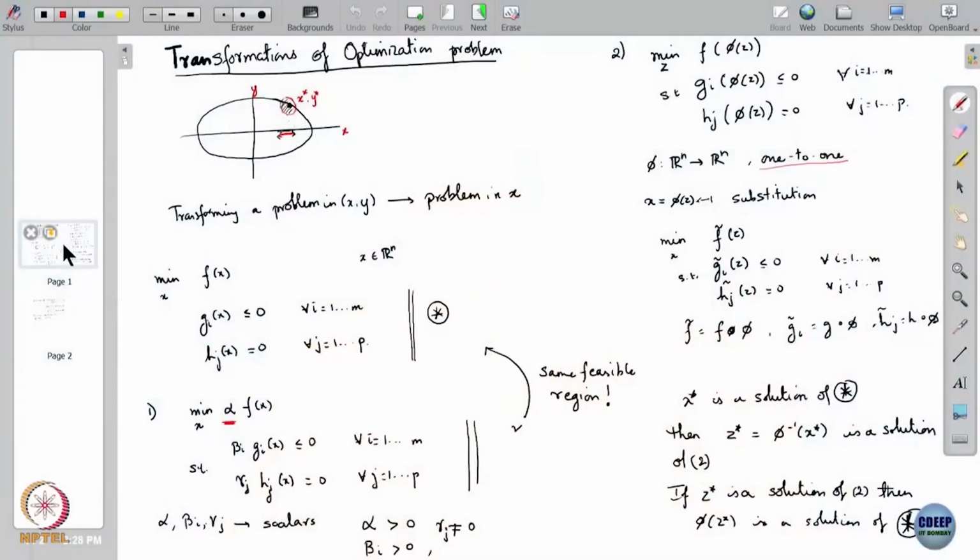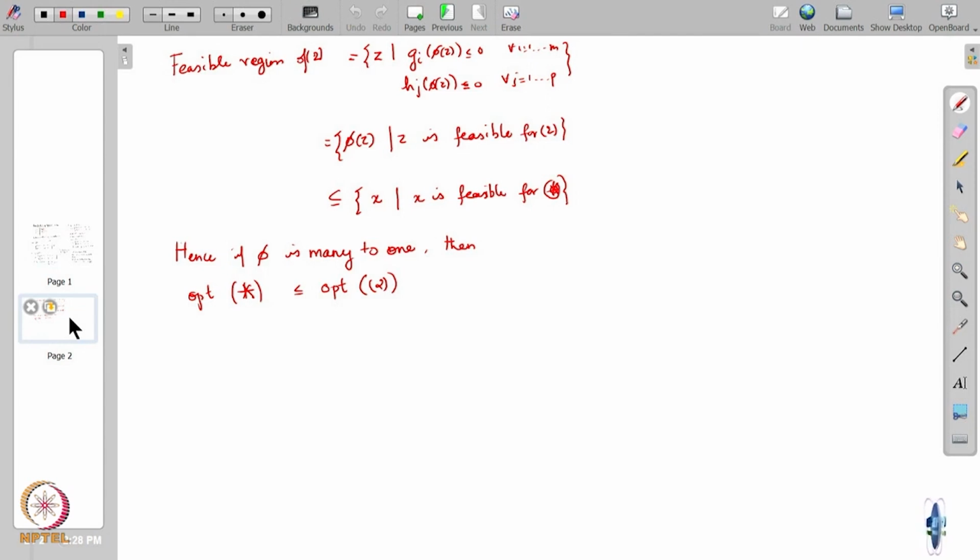Yes, because the optimization problem star is an optimization over all x's that lie in the feasible region of star. If you look at the phi of z's that are in the feasible region of 2, they are included in this.